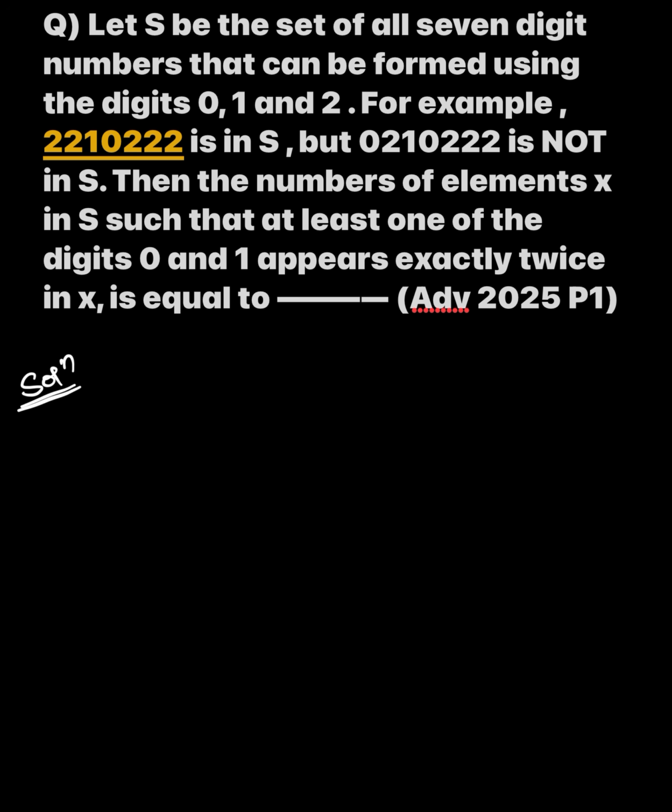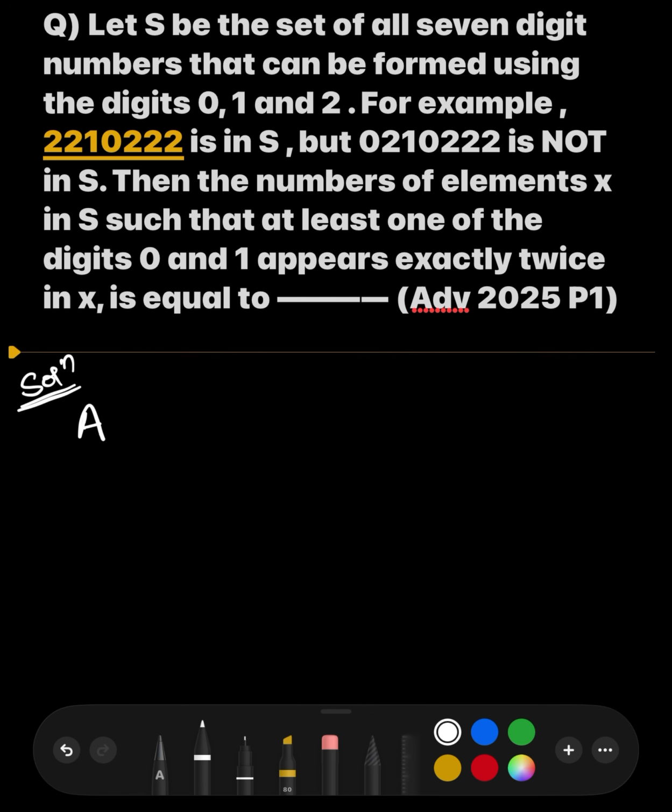Now suppose I say that set A is nothing but only 0 appears exactly twice. So here only 0 appears exactly twice.